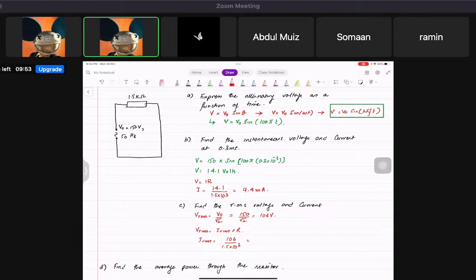And I'm going to get something like 70.7 milliamperes. Is it clear, everybody? Let me know if you do not understand this. Let me change the color a bit so you don't confuse the two parts. Okay, done. Any questions?